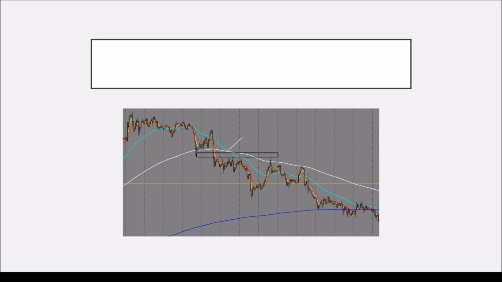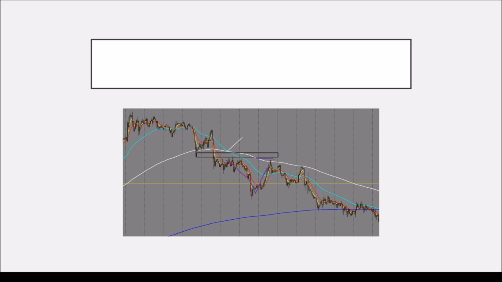This is an example from USD against Japanese yen, and as we can see, the 50 and 200 crossed, and after their crossover, we waited to see the market come back to the 200 EMA. However, at this point, we actually got to retest this zone that we took from this point.